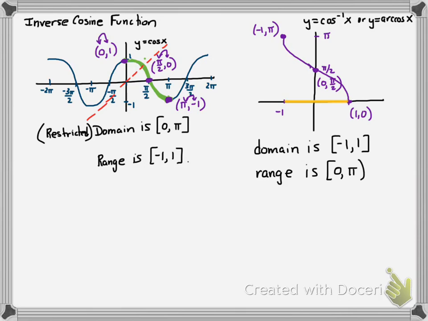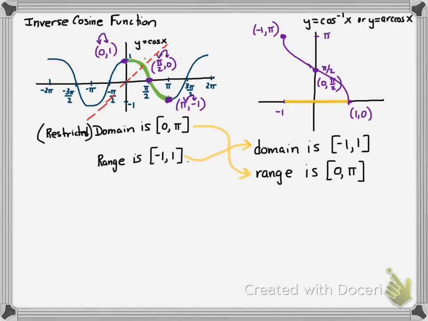So we took our domain from our original and made it into our range. We took our range from our original and made it into our domain for our inverse function. Okay, that last one there should be a square bracket, not a round bracket, because we want to include the endpoints. Okay, so that's our domain and range.